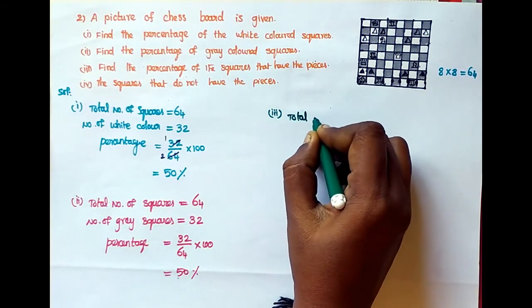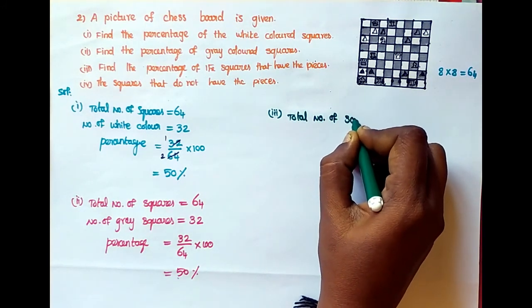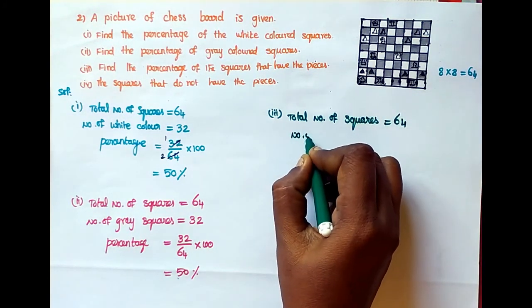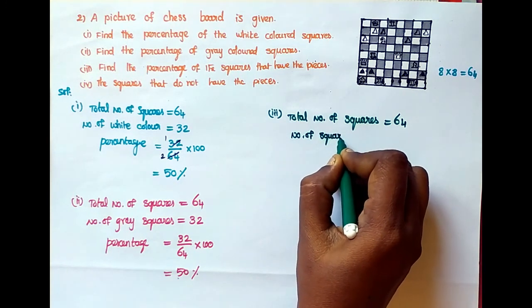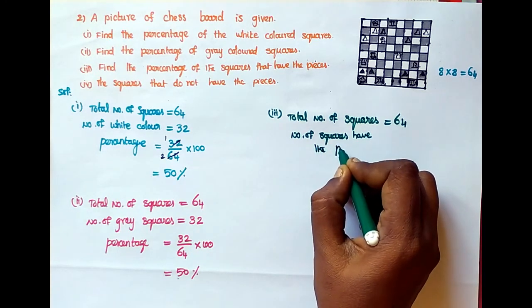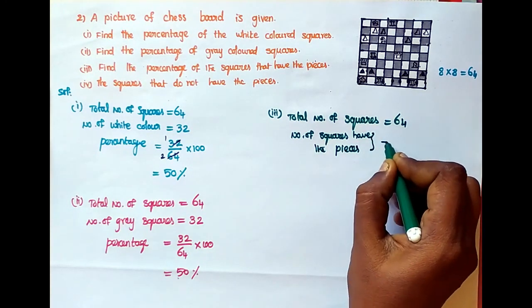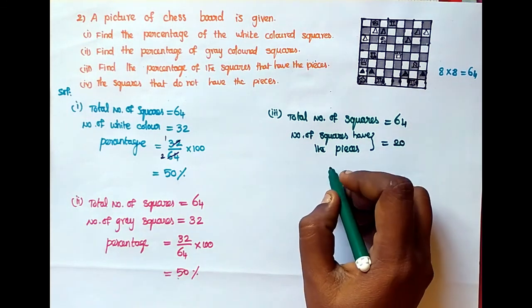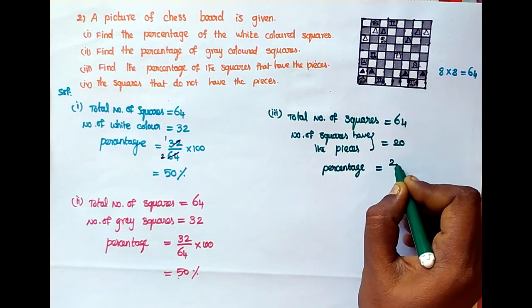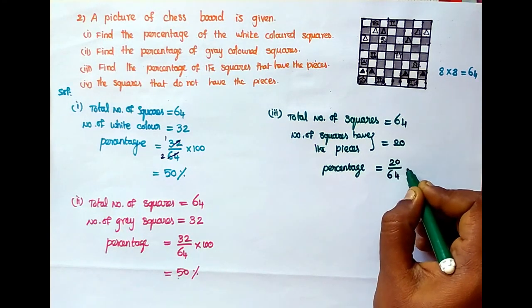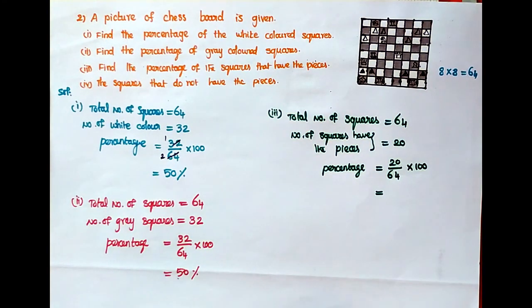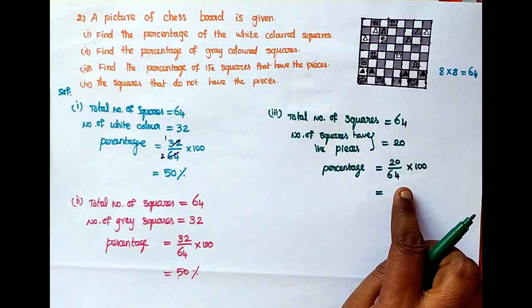So first write down total number of squares, that is equal to 64. Number of squares that have the pieces, that is equal to how much? 20. Now percentage equals 20 divided by 64 into 100.